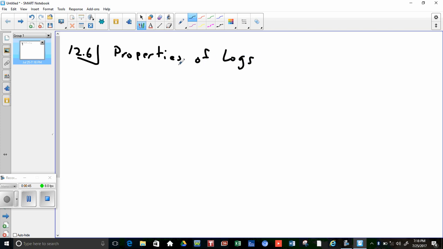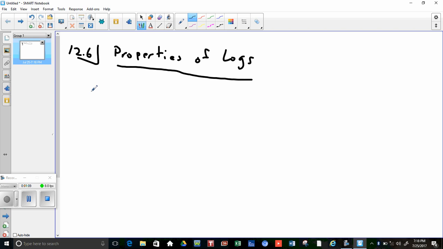Some of the stuff that we can do with logs will make it easier to solve problems, which ironically we won't get heavily into this semester. But if you go on to a college algebra class, you will have to be able to solve logarithmic functions. So you're going to need to know these properties.